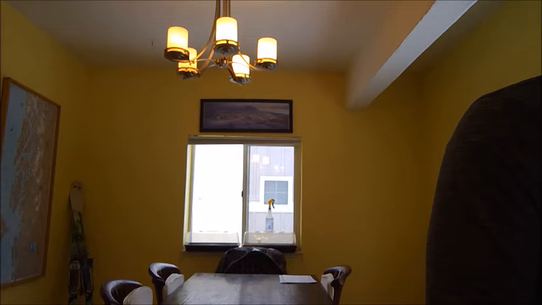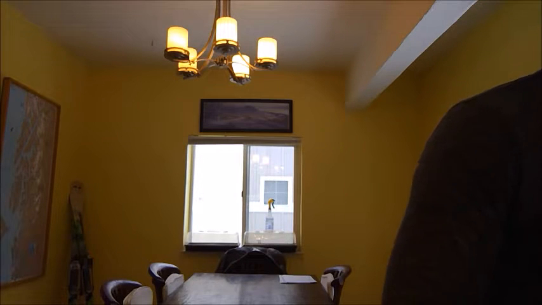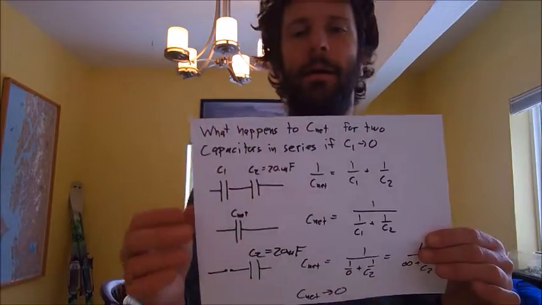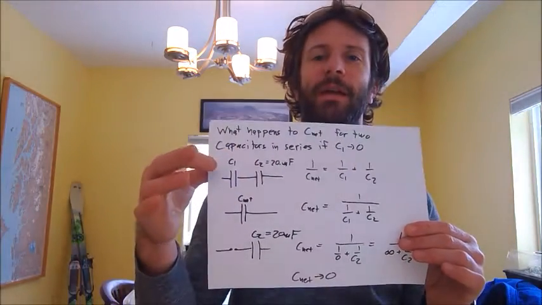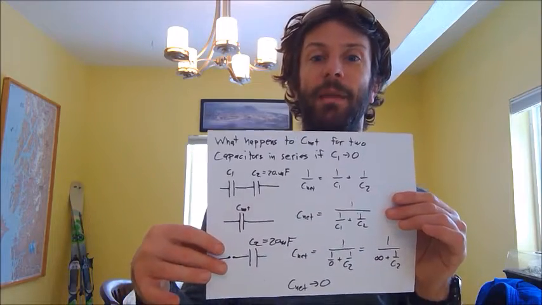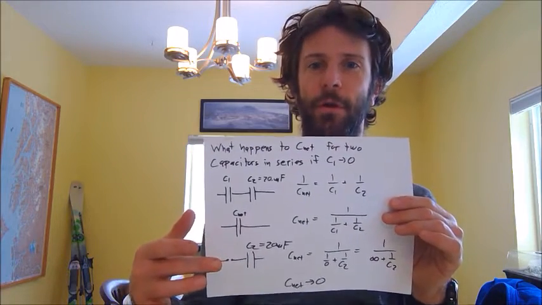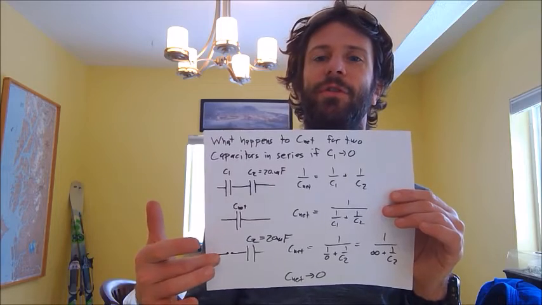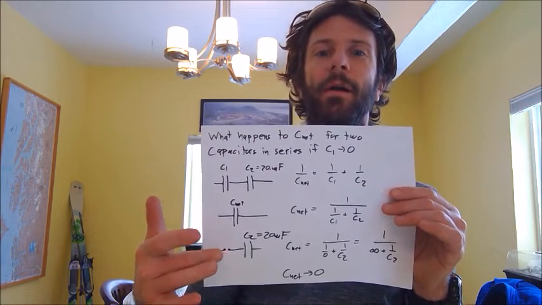Essentially what's happening is this. This helps illustrate why it goes to 0. If C1 goes to 0, maybe the area of those plates goes to 0, which is essentially just like an open wire.